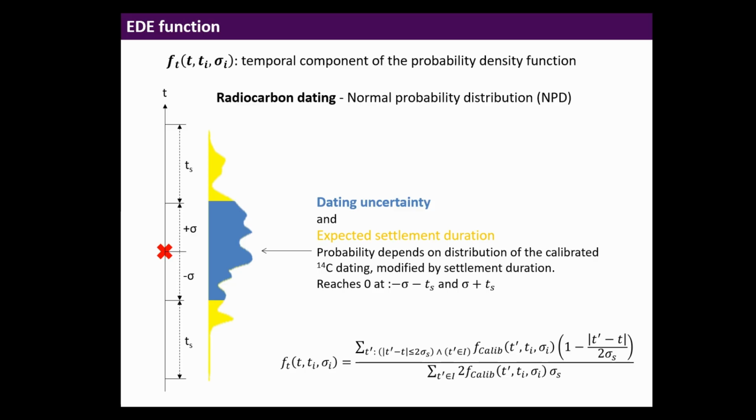For radiocarbon dating, it's similar, but here we are dealing with the actual probability distribution that's produced by the calibration of the radiocarbon data.